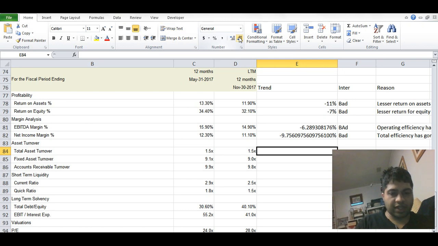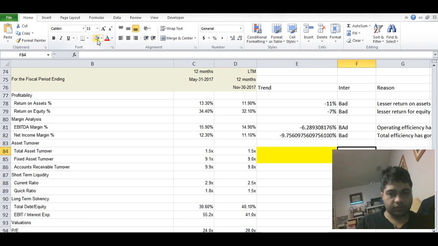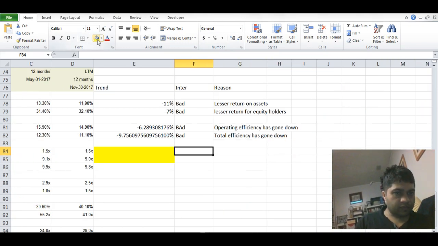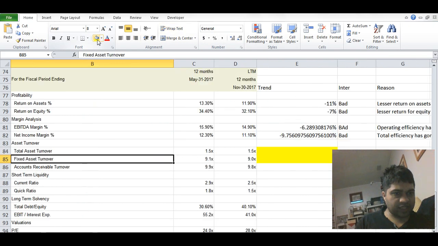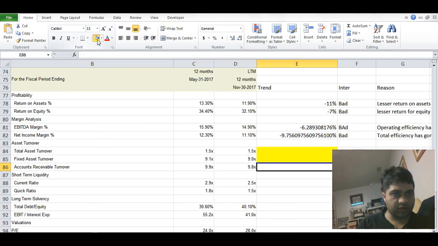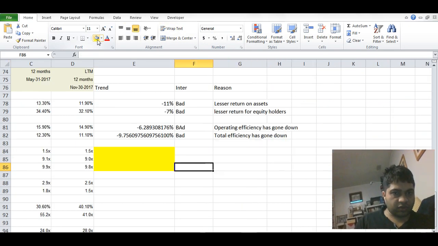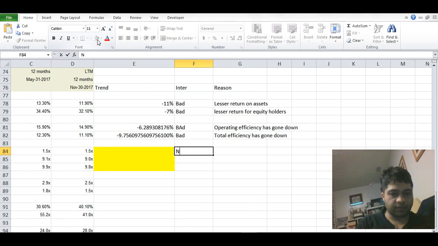Okay, total asset turnover is almost the same. This is also the same. Even it's very close. Accounts receivable turnover is the same. So neutral.